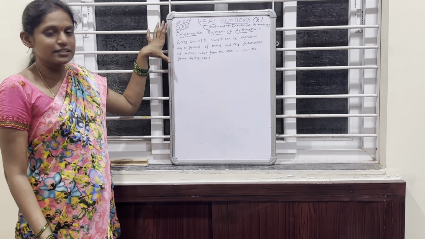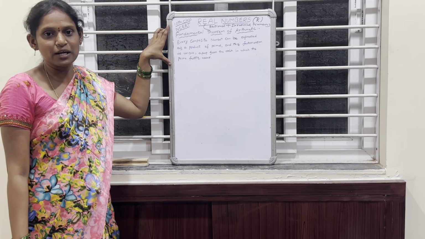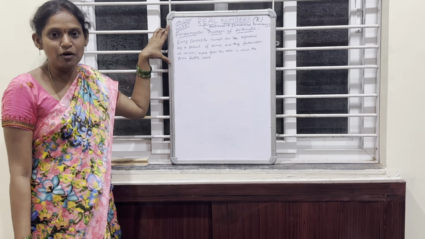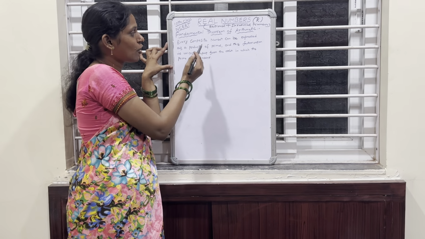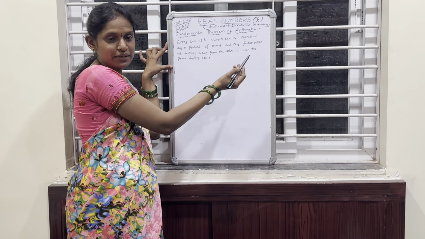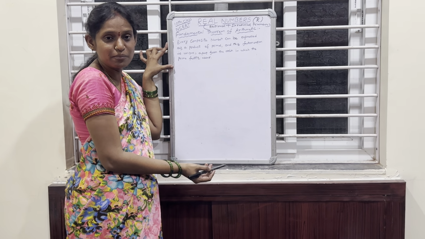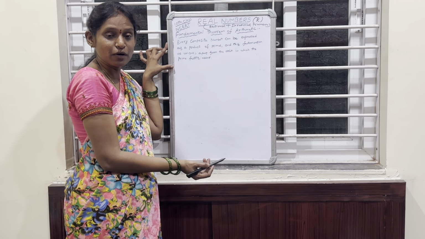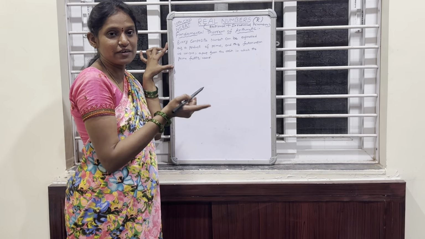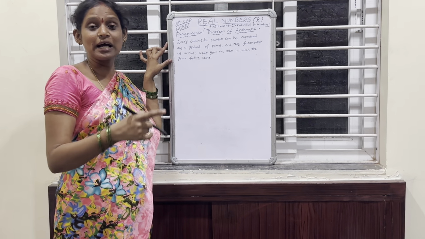Now in this chapter, what is the first topic we have to know? Fundamental theorem of arithmetic. See the definition. You know prime, even number, odd number, prime number, composite number. A prime number has 1 and itself as factors. Composite number means more than two factors.